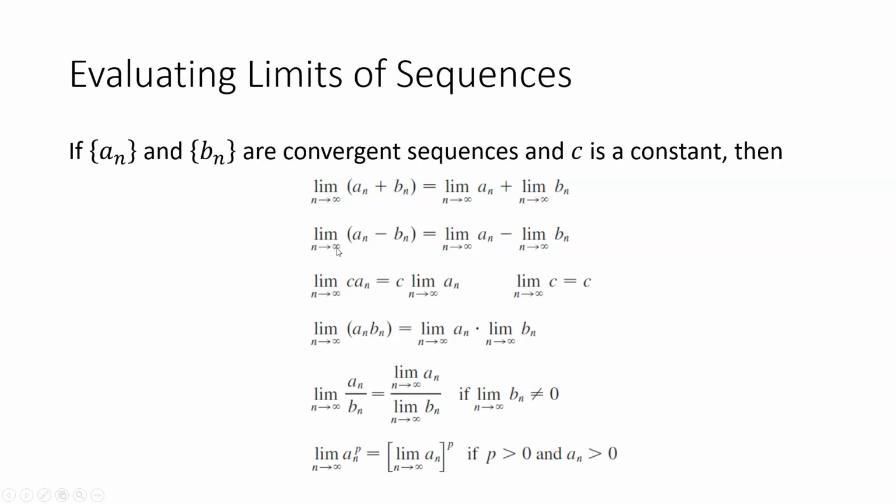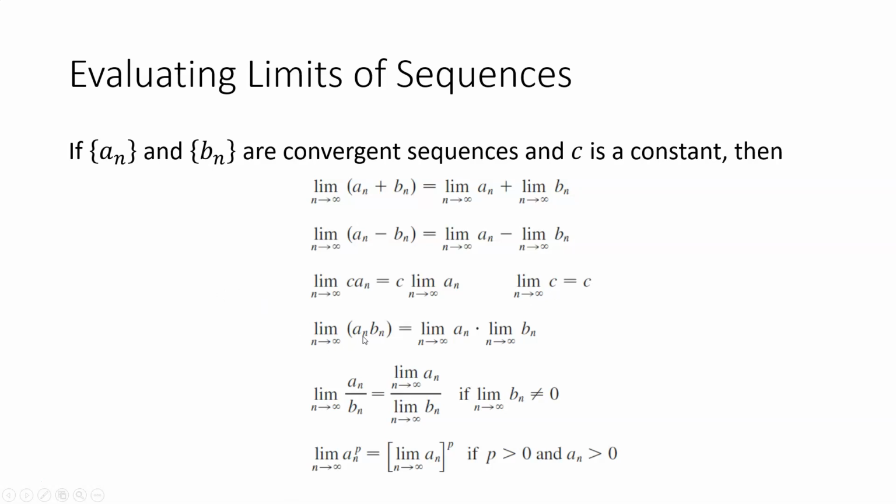I can take the limit as n goes to infinity of an minus bn and subtract their individual limits. If I have the limit of a constant c multiplied by an, then I can take c out of the limit and multiply that by the limit of an. Of course, if I have just the limit of the constant c, it's just c.